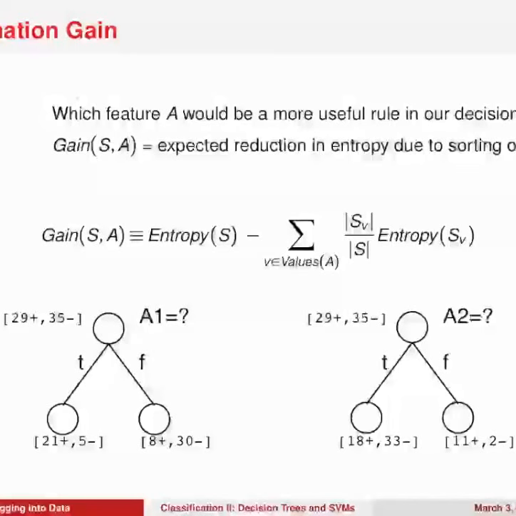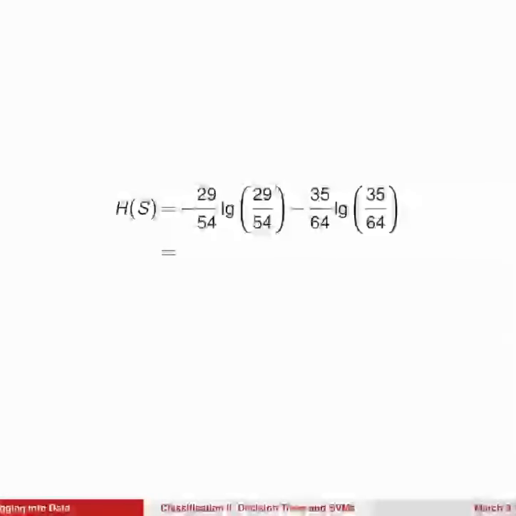We'll work through some examples in class, but here's the general blueprint. First, you take the entropy of the dataset before you split. This gives you the baseline. How much entropy do you originally have in your system? In this case, there are 29 positive examples and 35 negative examples, so this gives us an entropy of 0.96. It's fairly evenly split.